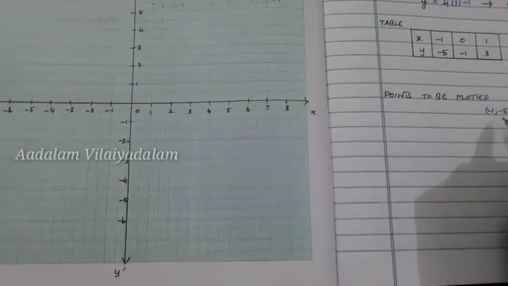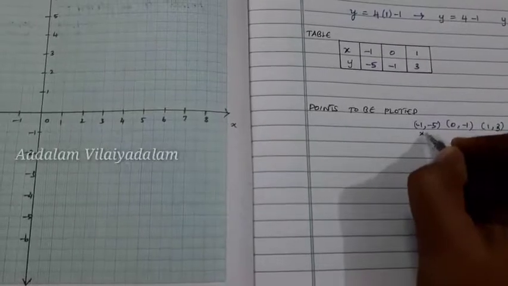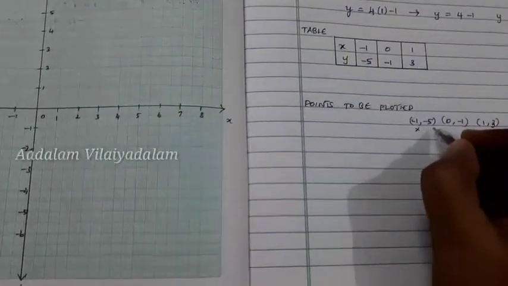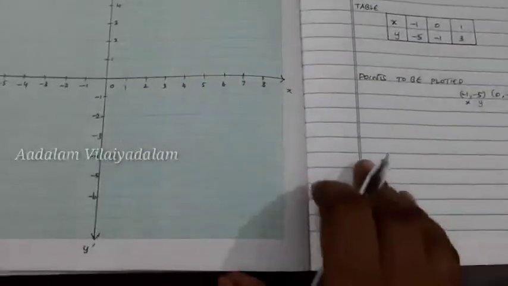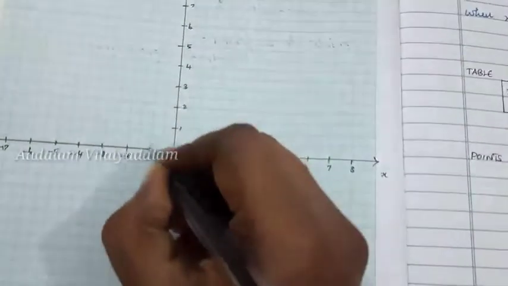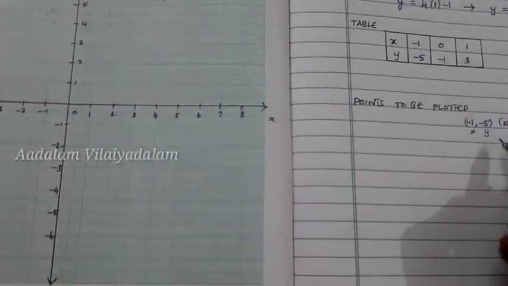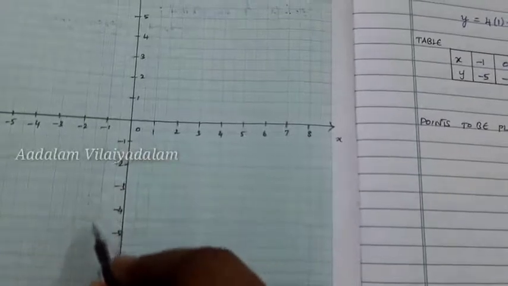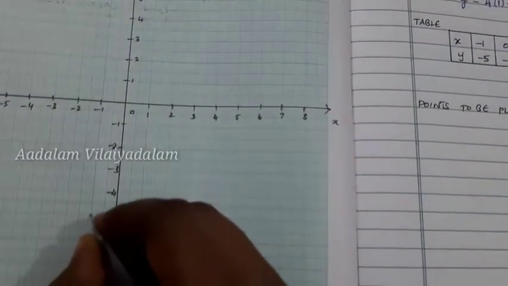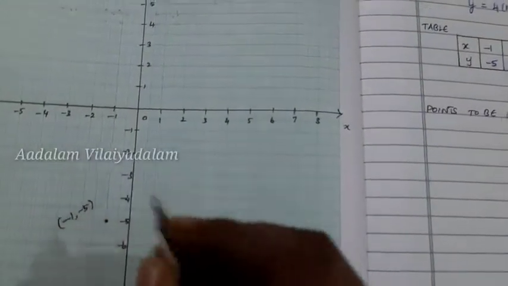The first point, minus 1 comma minus 5. In this coordinate, the first one represents x, the second one represents y. Therefore, minus 1 of the x lies here, and minus 5 of the y lies here. So minus 1, minus 5 meet at this point.